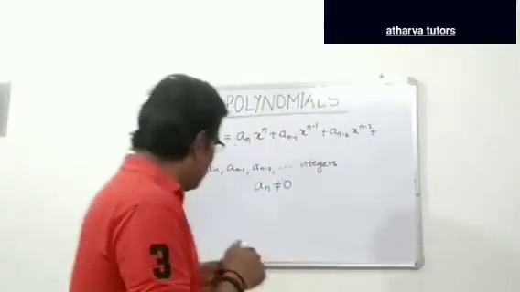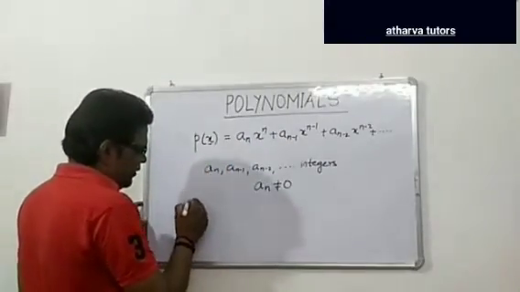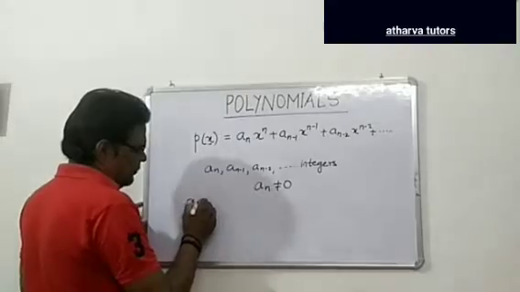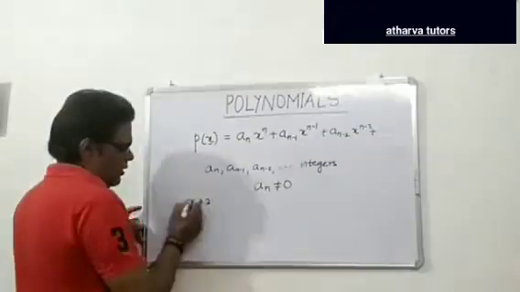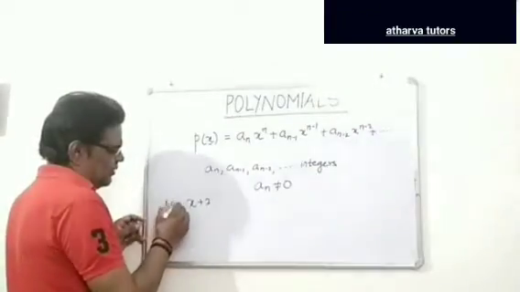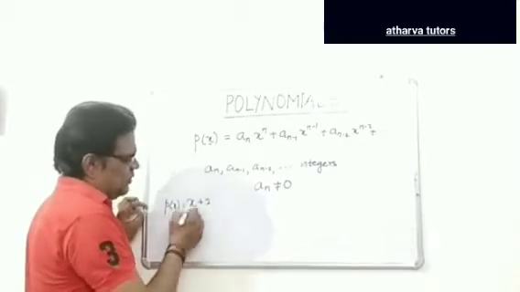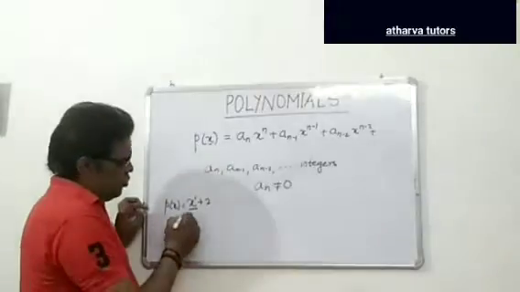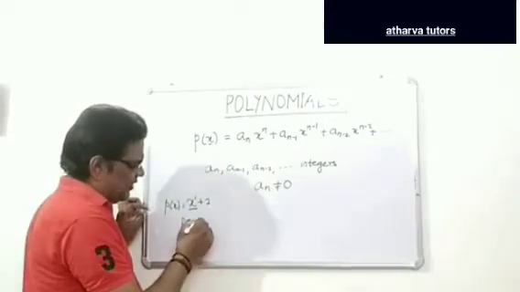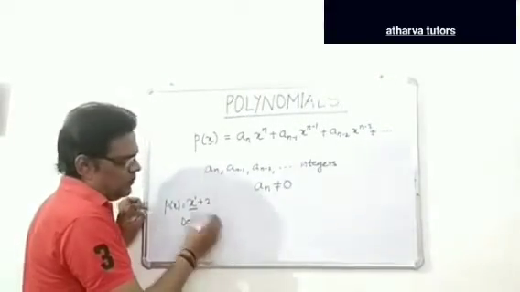For example, if you had something like this, then you had said that degree of this polynomial, now the variable is x, it has power 1, so you had said that its degree is 1.